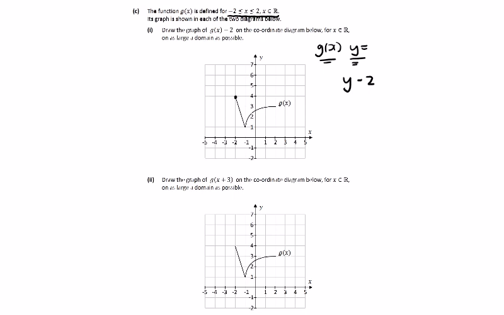If I start here, take away 2, 4 goes to 2, from 1 we'll go to minus 1, then from 3 we'll go to 1, so that looks about right. So curve and straight line, g of x minus 2.